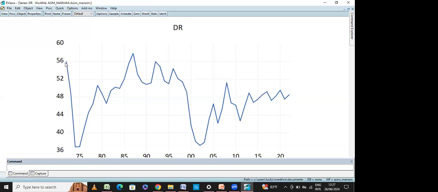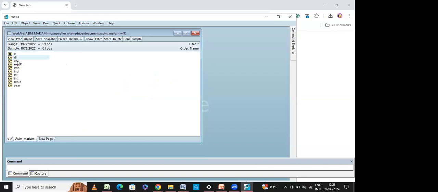So this kind of data will be adjusted and will not have any unit root issue at level 1. So this is the major difference. That's why I first showed you all the variable graphs.